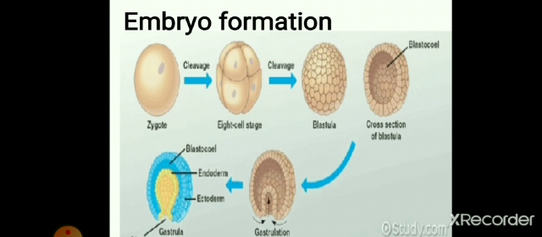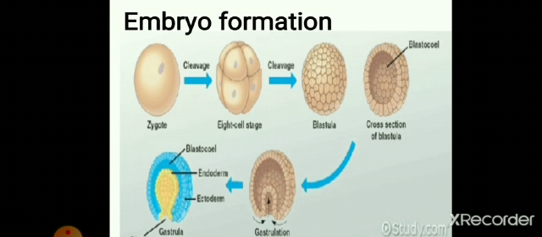Next, embryo formation. Zygote means fertilized egg. The zygote further divides repeatedly into a group of cells.